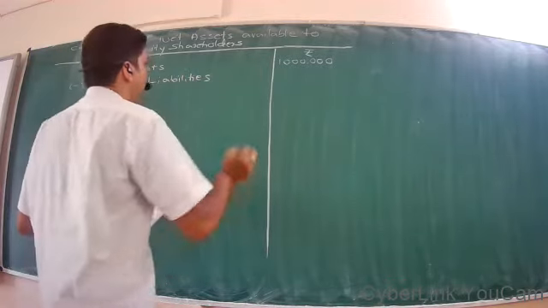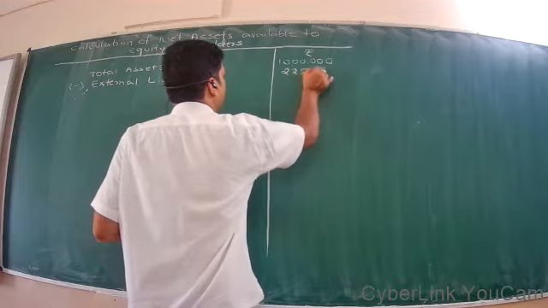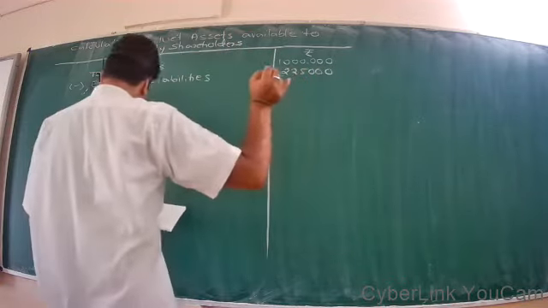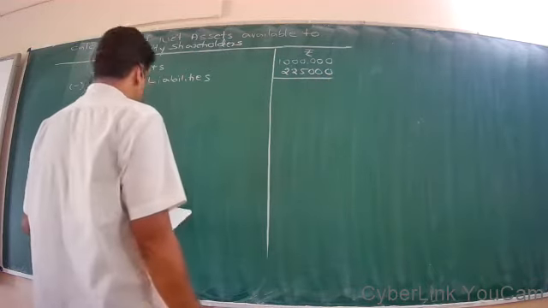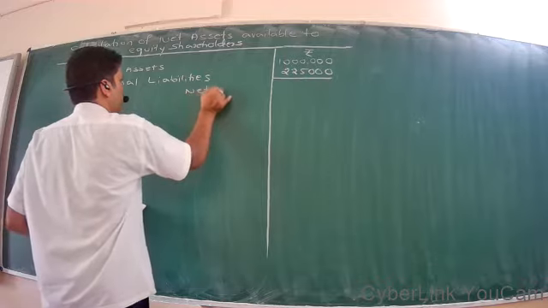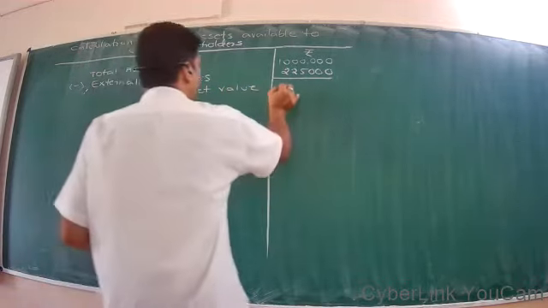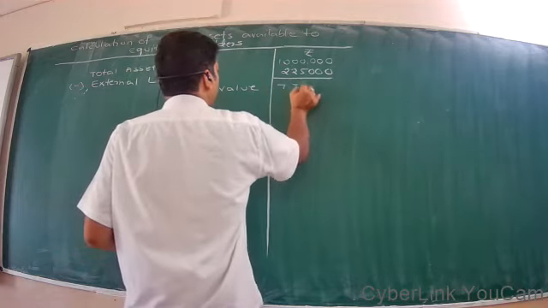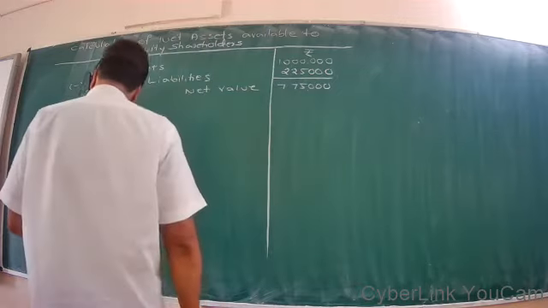Here it is given 2 lakh 25,000. So after deducting external liabilities, the net value is rupees 7 lakh 75,000.